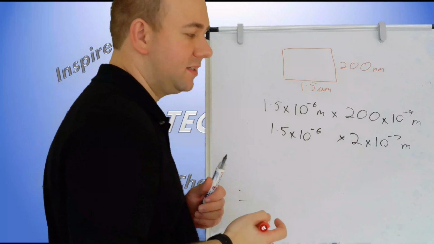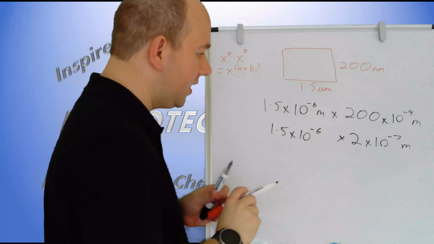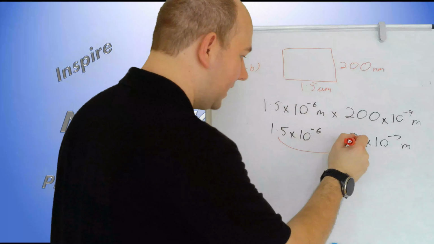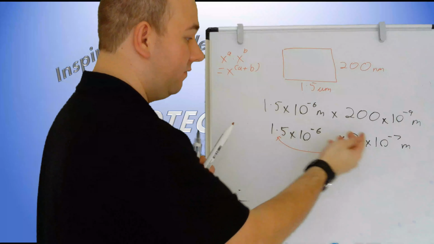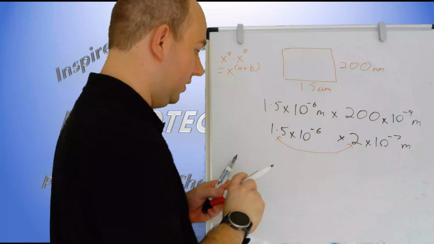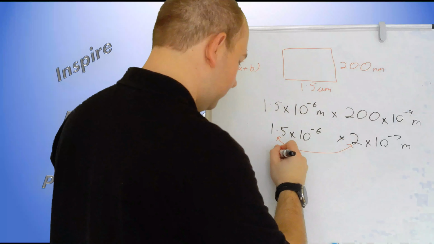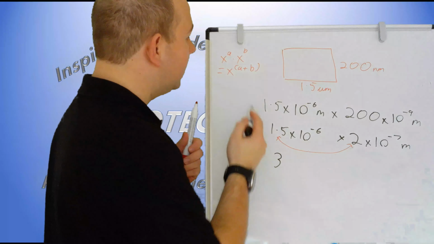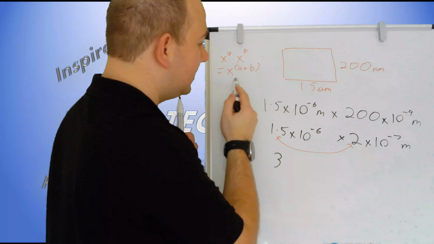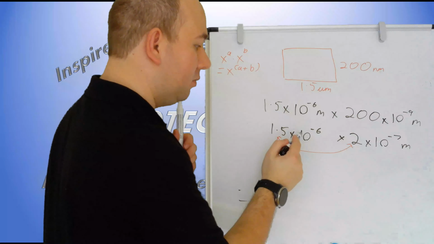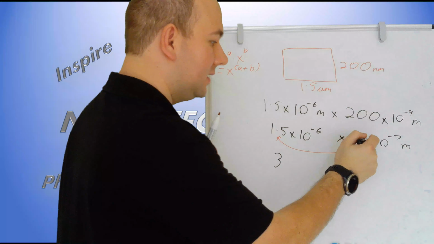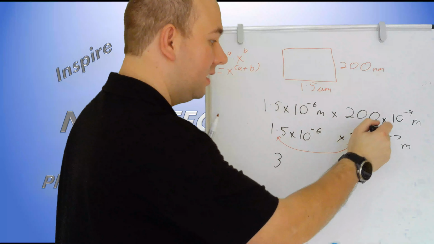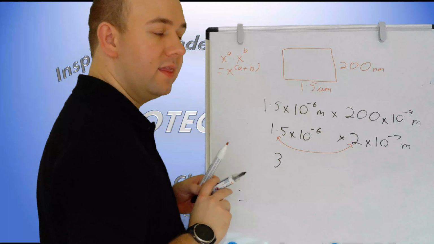So we're going to use that on this. So first of all, we're going to multiply these two numbers together. So this is 1.5 times 2, which is equal to 3. We're then going to use this figure here to work out what happens when we do times 10 to the minus 6 multiplied by times 10 to the minus 7.